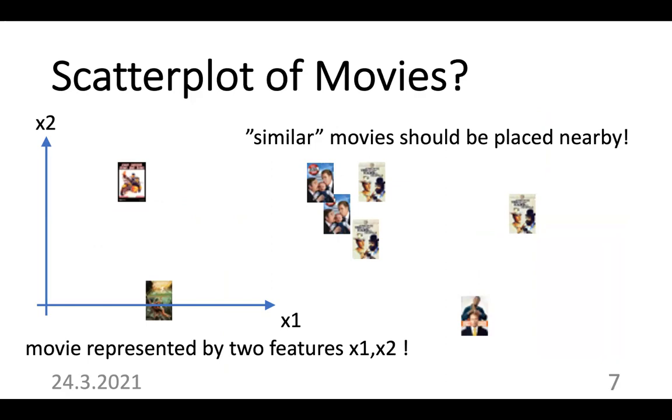So I would like to map those data points into a scatter plot where similar movies are placed next to each other, and then I can navigate. So I can start with this movie, The Campaign, and then see, okay, this seems to be a similar movie. Let's see what this is, and so on and so forth. And feature learning methods can do this. Feature learning methods can create scatter plots of data points that are as high dimensional as all the pixels obtained from a high definition movie.